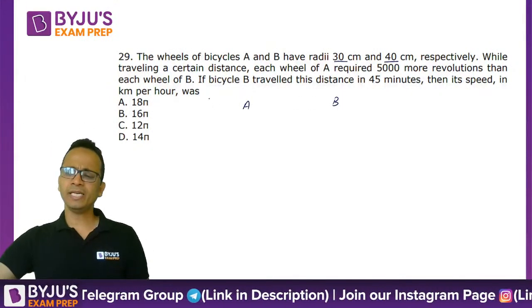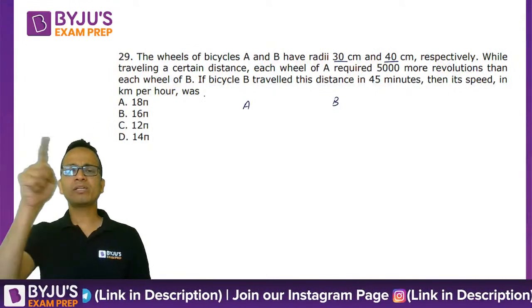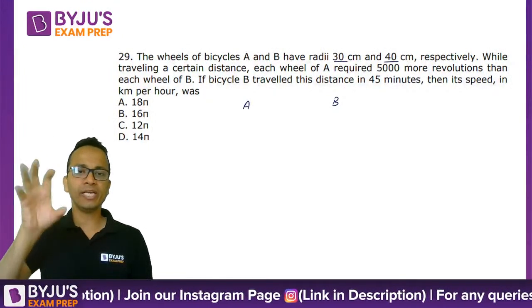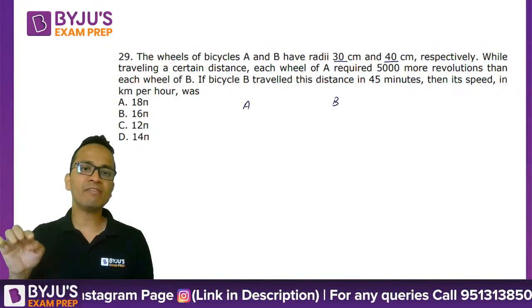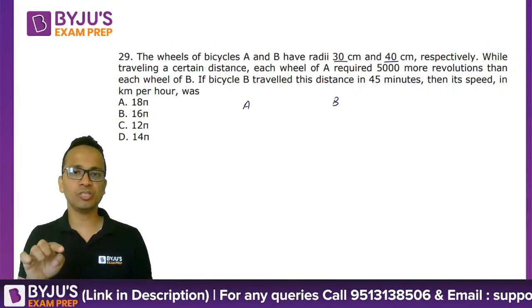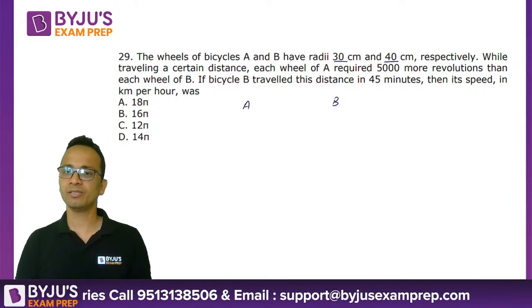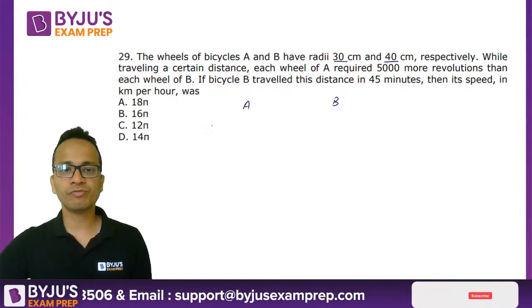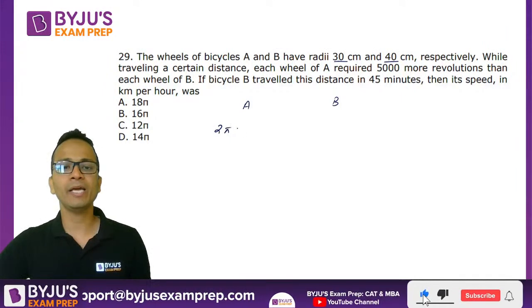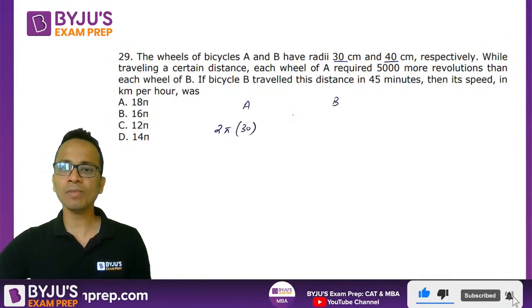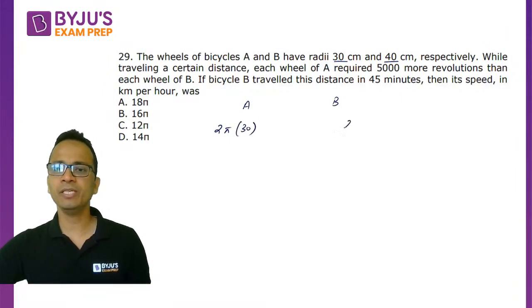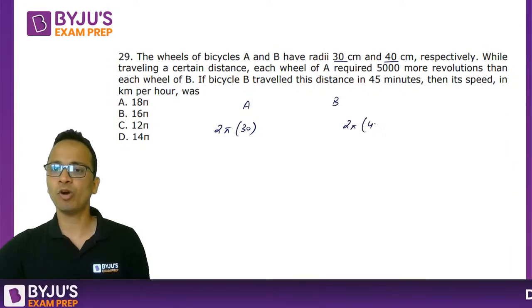While traveling a certain distance, if a wheel will rotate, I can say that the distance traveled in one complete rotation will be equal to the circumference of the wheel. Okay, so circumference of first wheel will be 2 pi into 30. The circumference of second wheel will be 2 pi into 40.